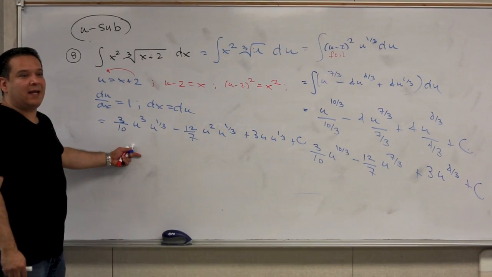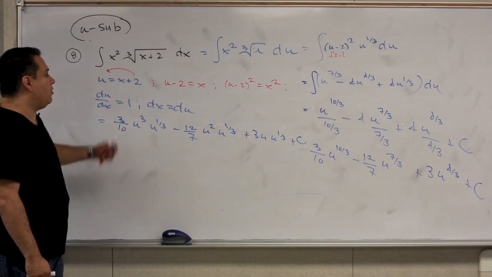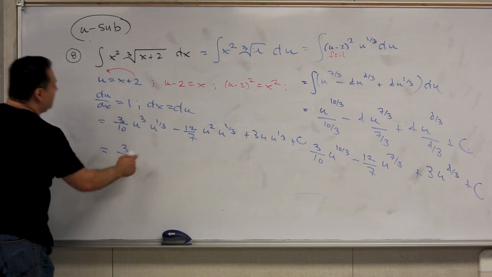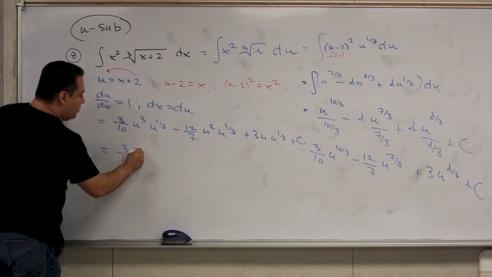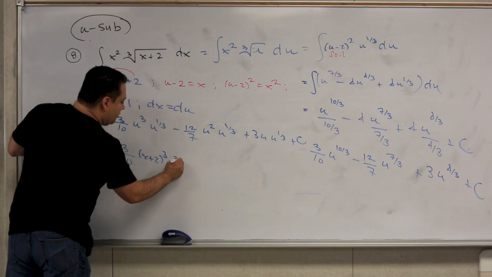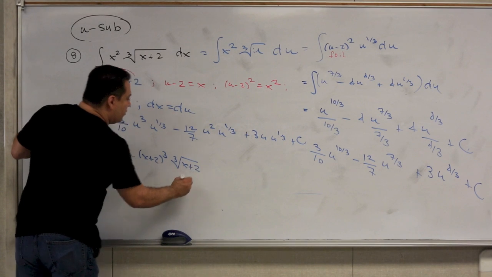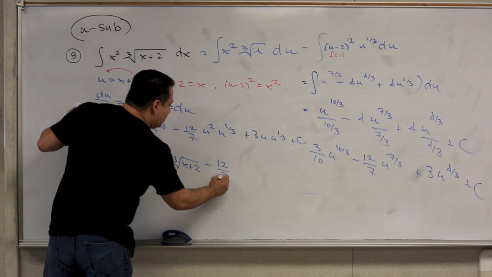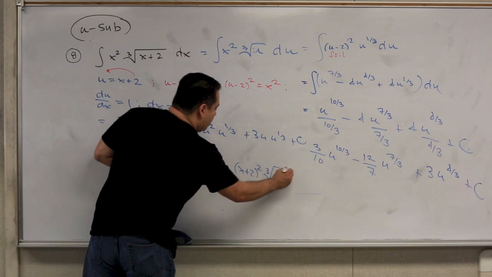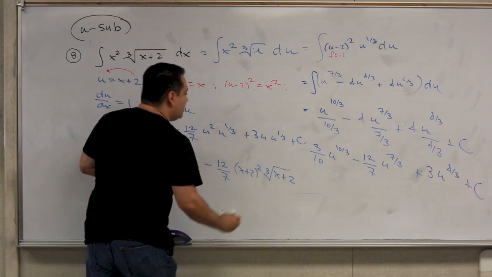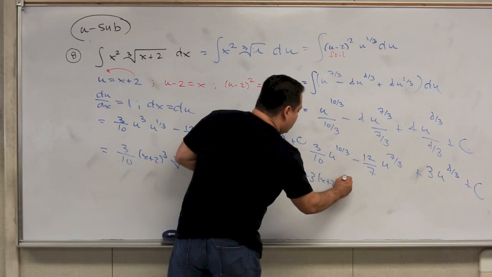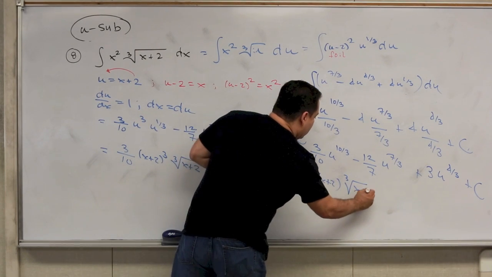And I can factor out maybe a u, but at this point, we can just put what? What is u anyway? x plus 2. So it'd be 3/10 (x plus 2) cubed, cube root of x plus 2, minus 12/7 (x plus 2) squared, cube root of x plus 2, plus 3 (x plus 2), cube root of x plus 2.